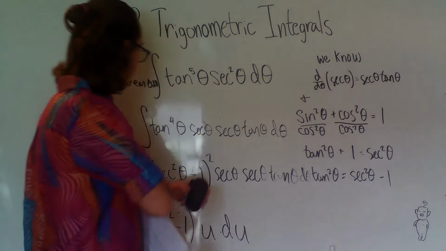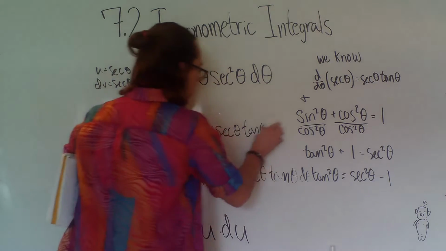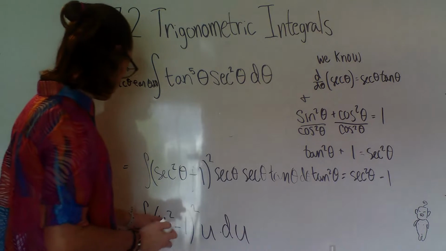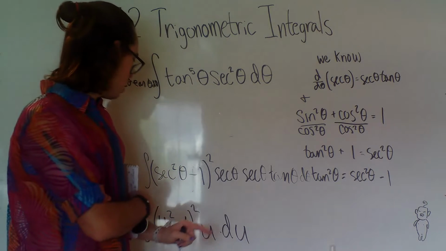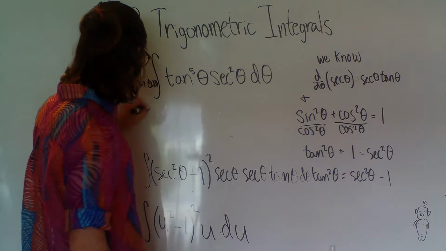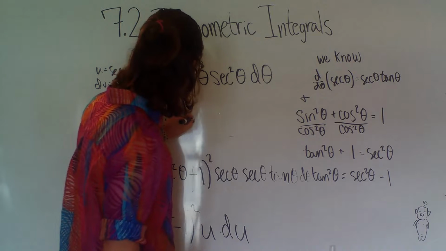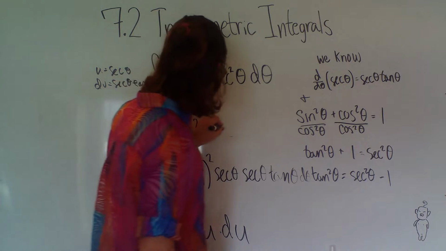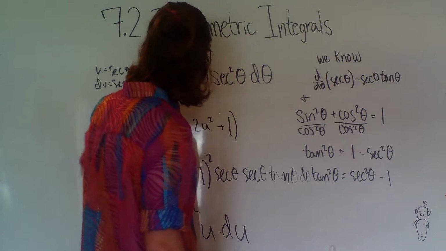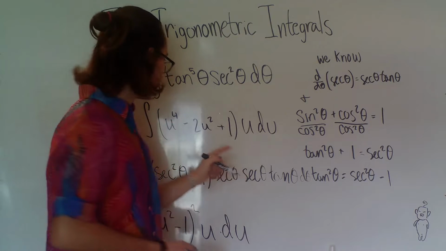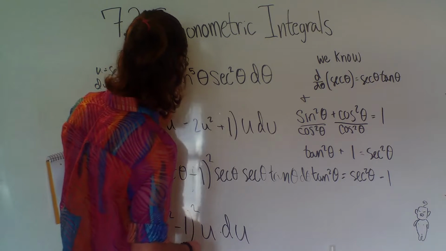And we are going to just erase this top line so we can make room. Well, what is this integral of u squared minus 1 squared times u? Well, this is going to be equal to the integral of u to the 4th minus 2u squared plus 1 times u du. Well, we just distribute that u, so then this would be u to the 5th.